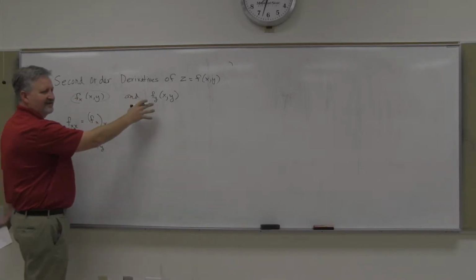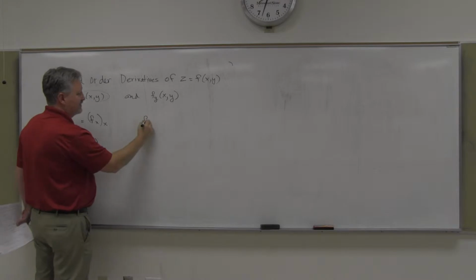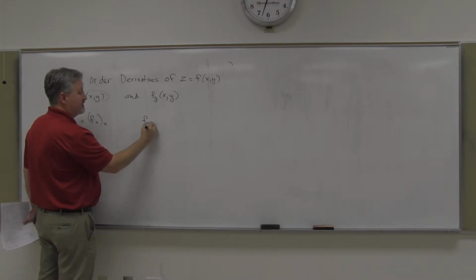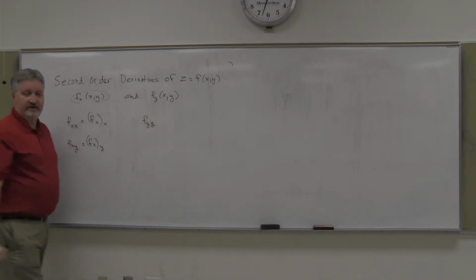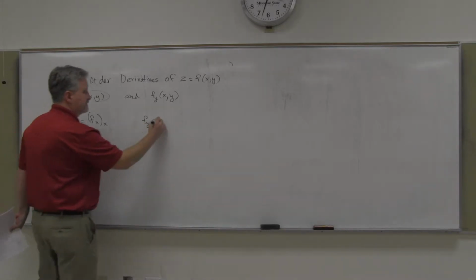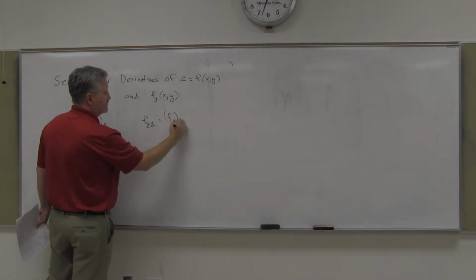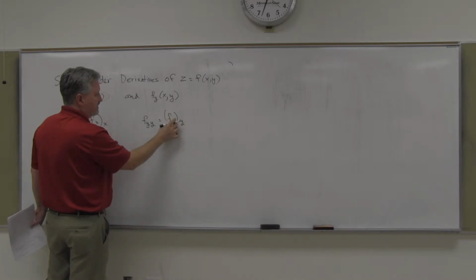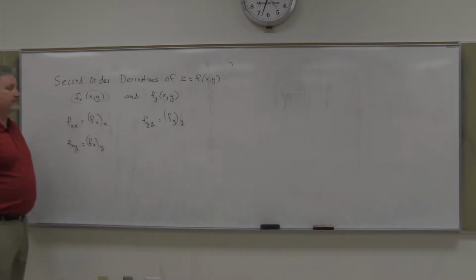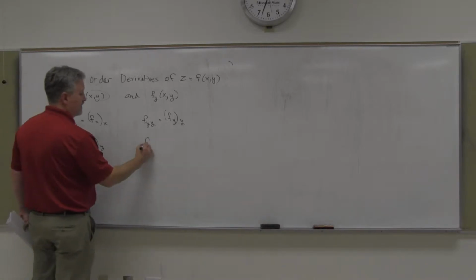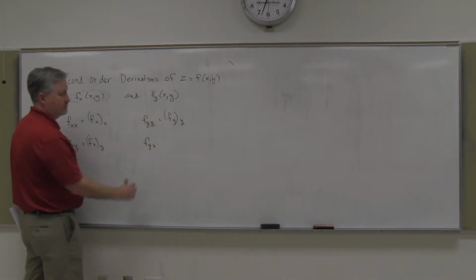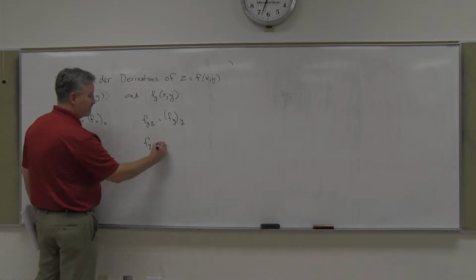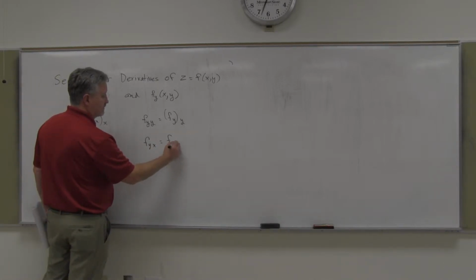Well, guess what? We've got the same deal on this one. We can take the partial of f with respect to y, and then take the derivative with respect to y again. Or we can take that partial with respect to y and then do the partial with respect to x. That's the way we want to denote it.